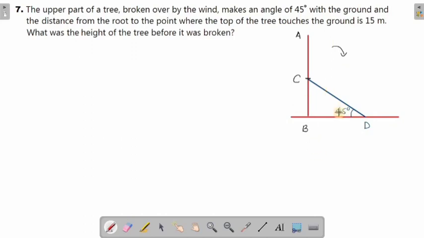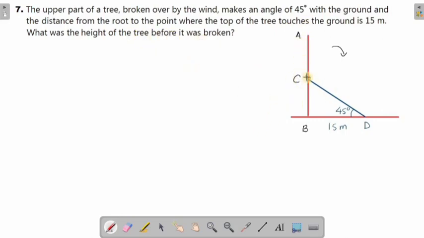Okay. And also it says B is the root of the tree, isn't it? So the distance between the root of the tree and the point where the top of the tree touches the ground is 15 meter. That is, BD is given to be 15 meter. Now the question is asking you, what is the original height of the tree? So basically you need to find AB.